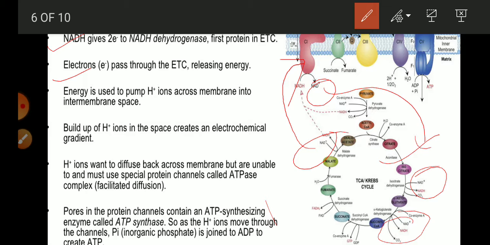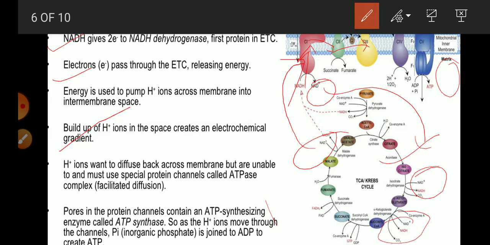Electrons pass through the ETC, releasing energy, as we mentioned in photosynthesis. When electrons move from one carrier to another, they lose energy, and this released energy is used to pump protons from the matrix across the mitochondrial inner membrane to the outside of this membrane, but still inside the mitochondria.